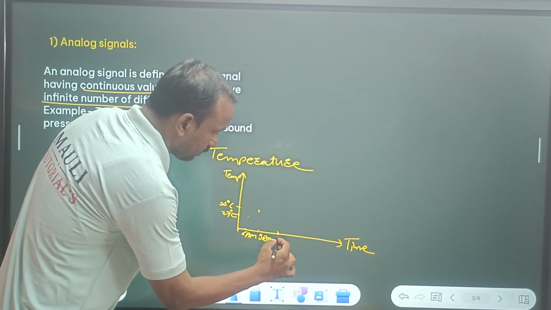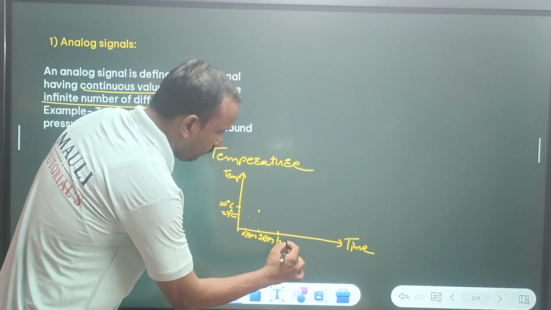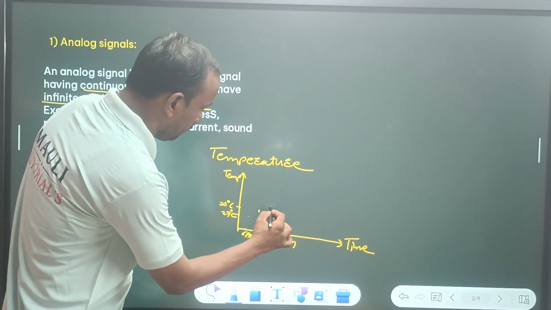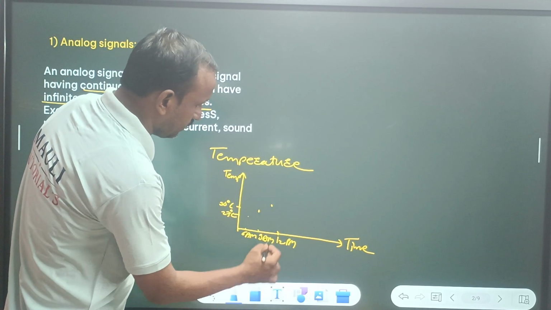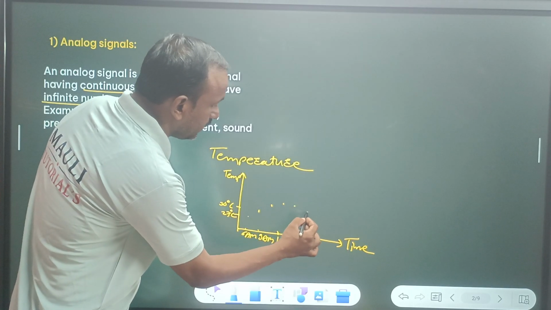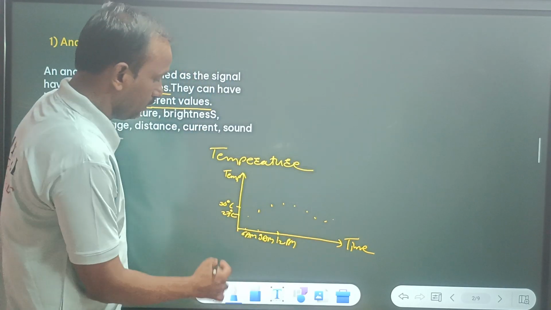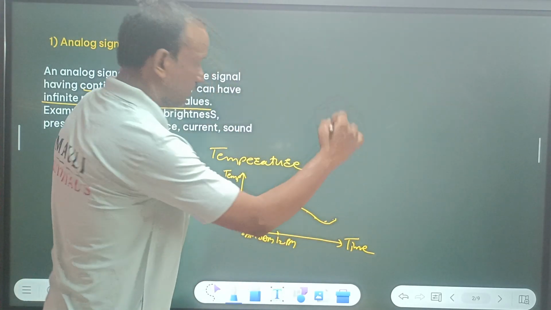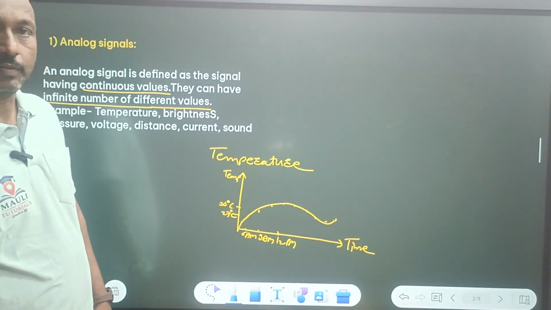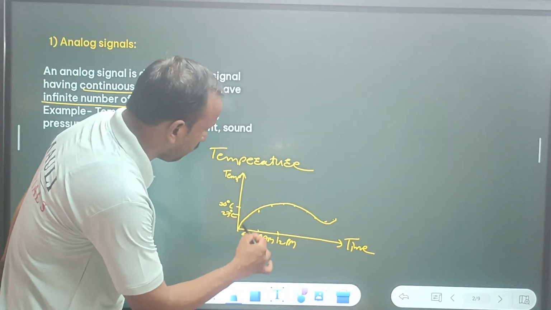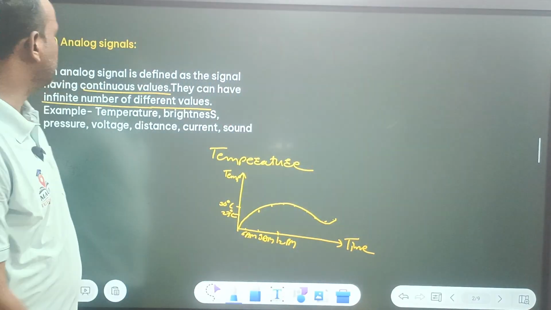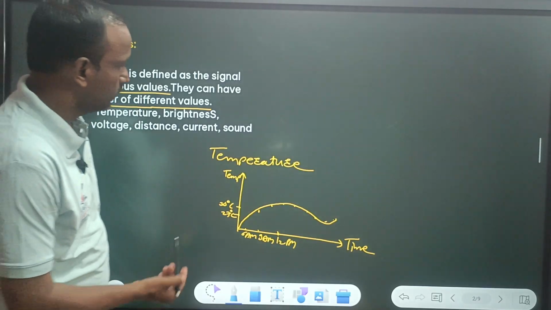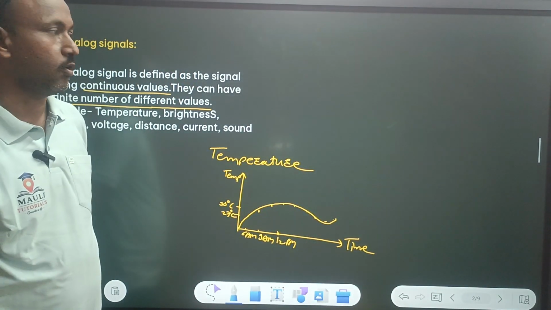At 12 pm, suppose the value will be 32 degrees centigrade. Then we take the various points of the temperature. If we draw the graph of these values, then this is nothing but the signal. This signal has specific values, continuous values and infinite number of values. So this is the example of the analog signal.